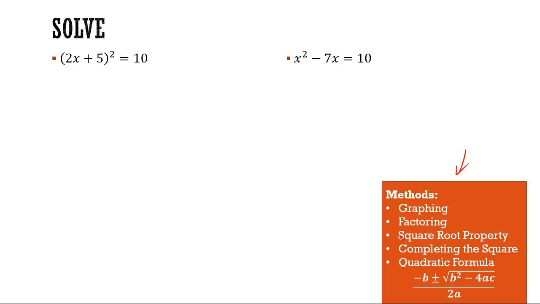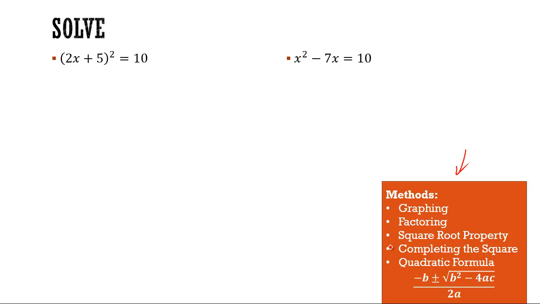Now then there was the square root property, which led to the completing the square method, which then led to the quadratic formula. So sometimes the quadratic formula is the quickest. However, some of the other techniques can also be useful. Completing the square especially is useful when graphing quadratic functions.